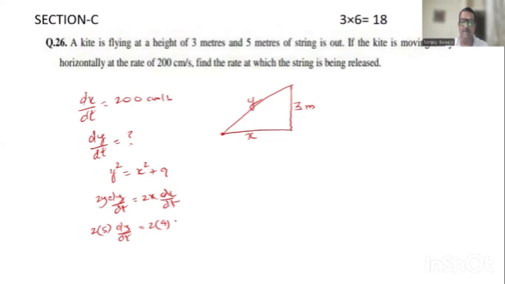You have to convert it into meters because unit must be same, or otherwise if you keep it in the same unit, then the unit of dy by dt will be the same. In this way, you get the answer of the question as 160 centimeter per second. So whatever is the unit of dx by dt, the unit for dy by dt will also be the same.